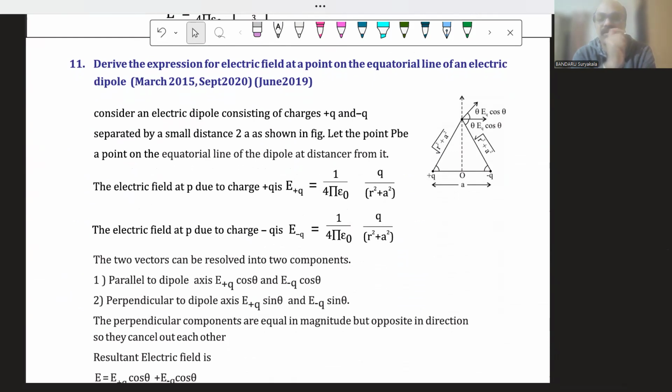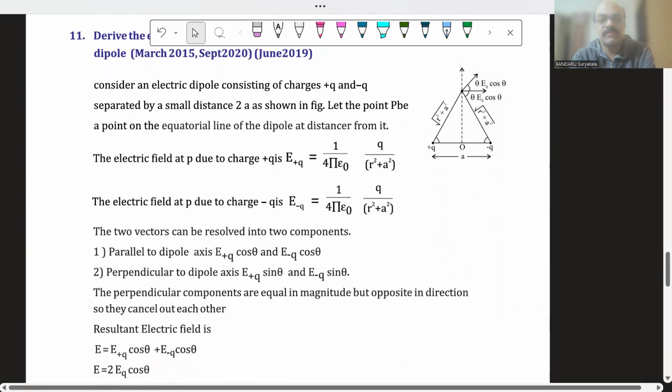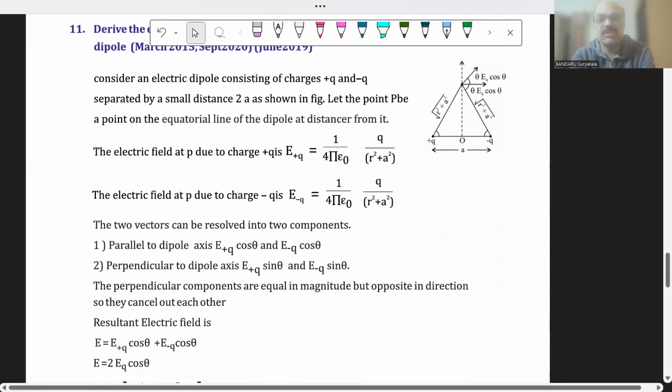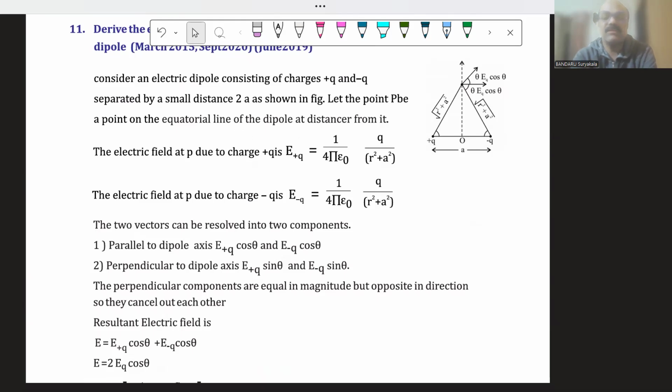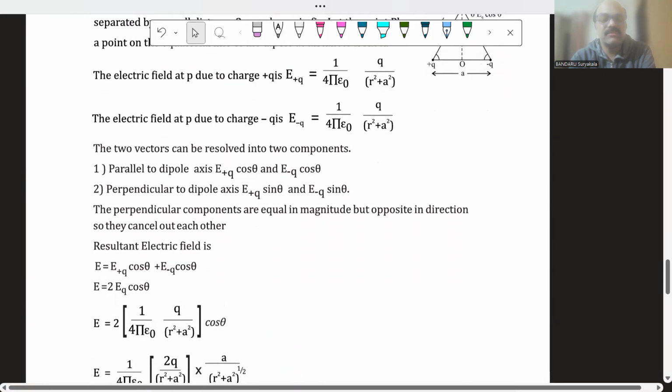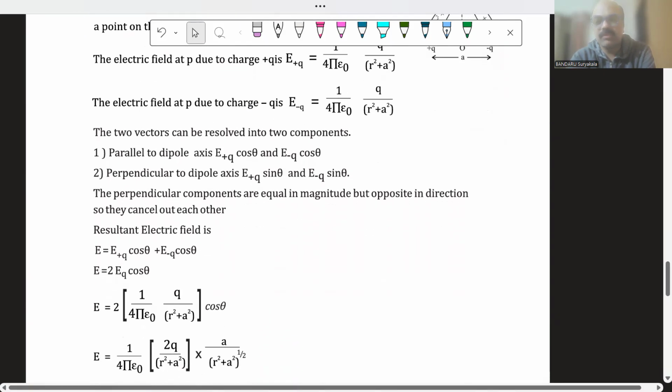Be careful while drawing the diagram. This is the field due to the positive charge and the field due to the negative charge, and we write it like this. Then we add the two.